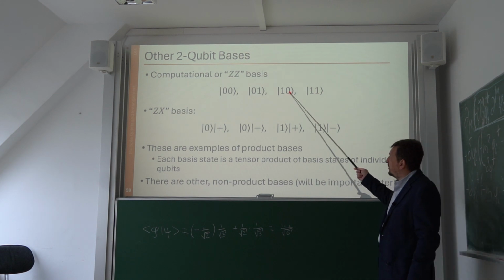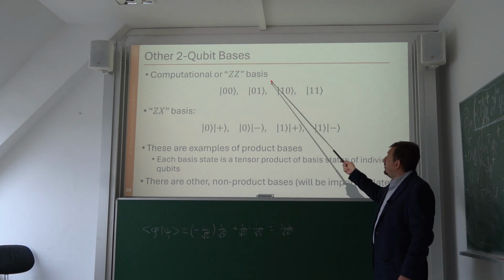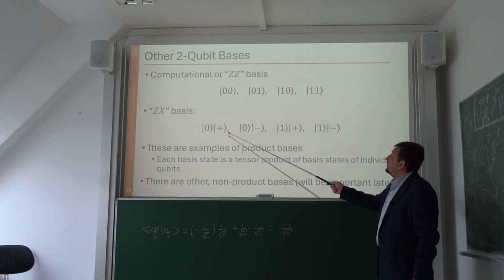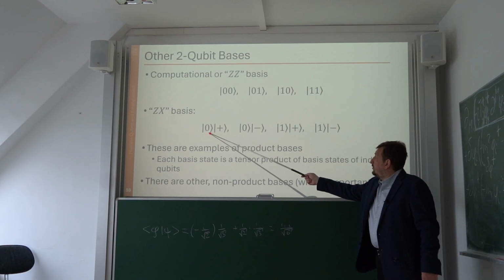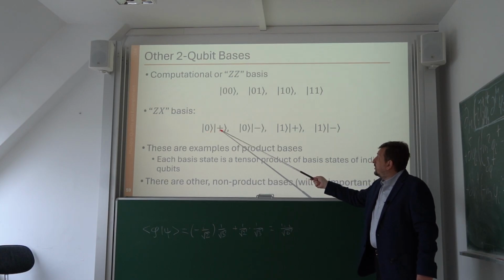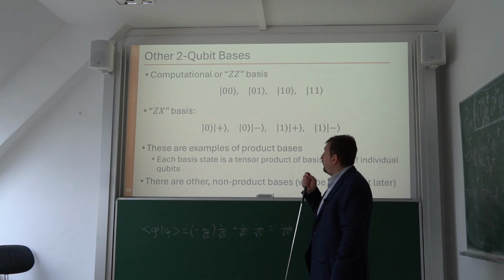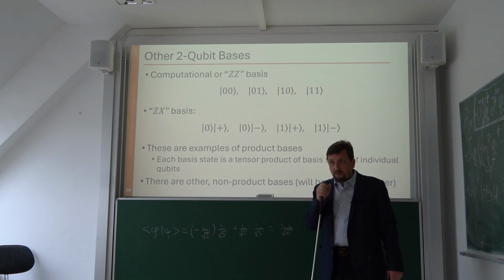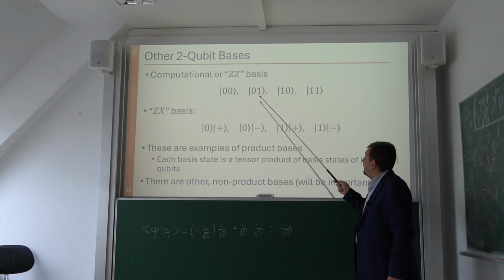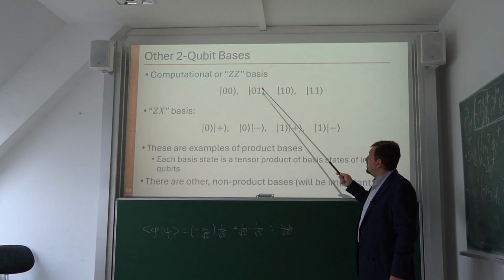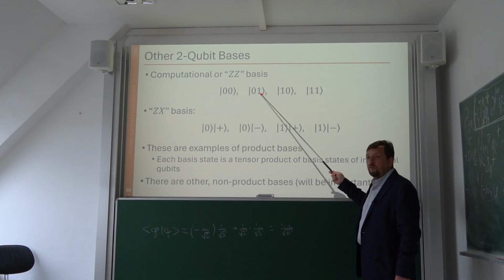So this basis we can call ZZ, because each qubit is written in the Z basis. This one is ZX: this qubit is written in the Z basis, this one is written in the X basis. These are examples of product bases. If you take any state here, in this state qubit number 0 is in a definite state, and qubit number 1 is also in a definite state.